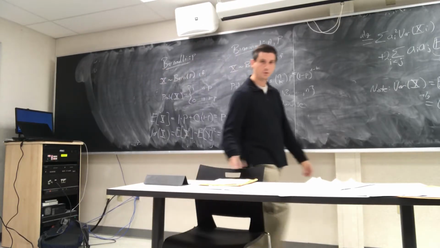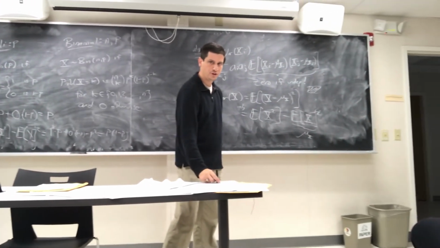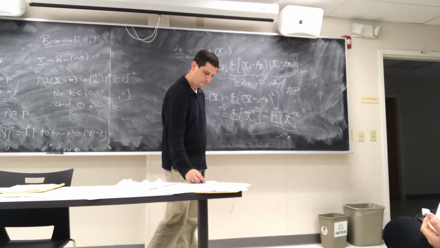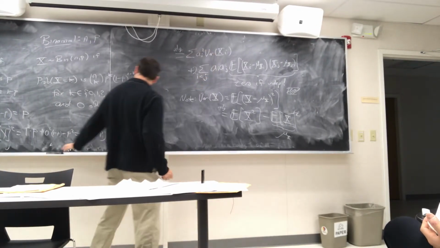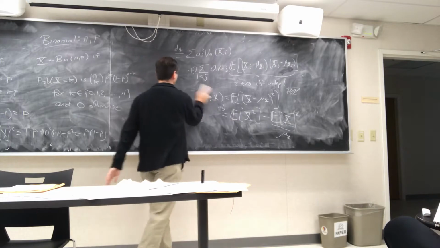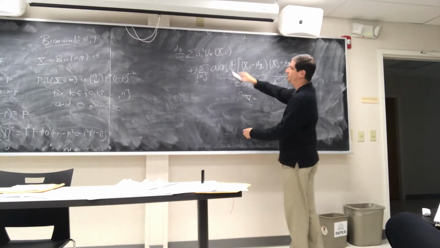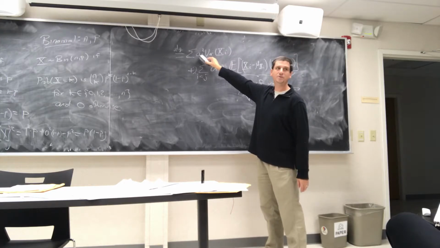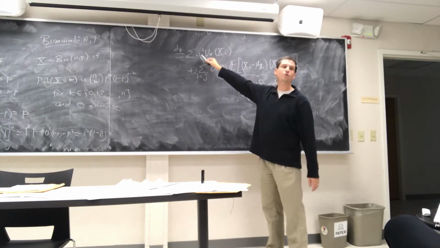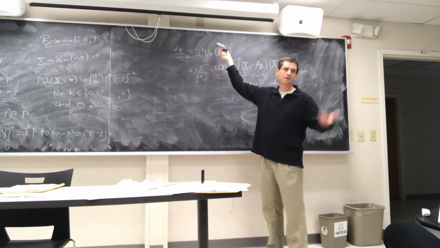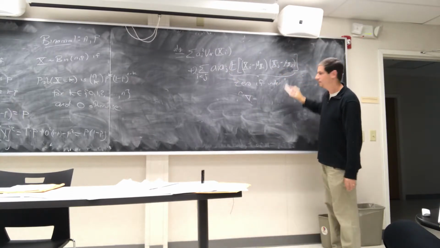This is an extremely important point, and I want you to really drive it home. I'll drive it home a little bit more with the binomial. But we just saw from our beautiful theorem here that the variance of a sum is the sum of the variances with the coefficient squared. So if I have a negative 1, it just squares to 1.